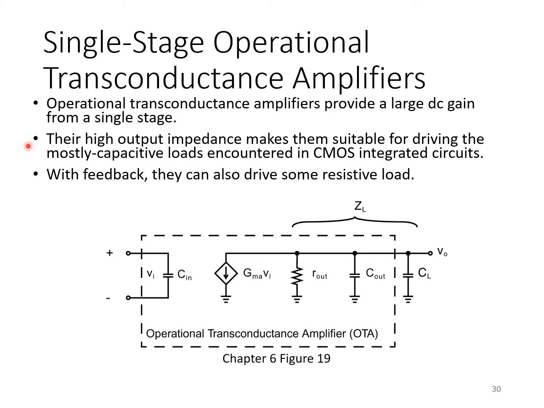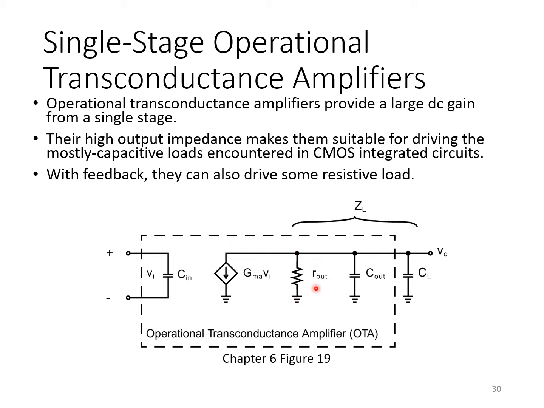Now these single-stage amplifiers having a high output impedance are suitable for driving the mostly capacitive loads that are usually encountered in CMOS integrated circuits. That is, when the amplifier is driving at its output the gate of another CMOS stage, that presents mostly capacitive load, and so the combination of GM and large Rout provides a high DC gain.